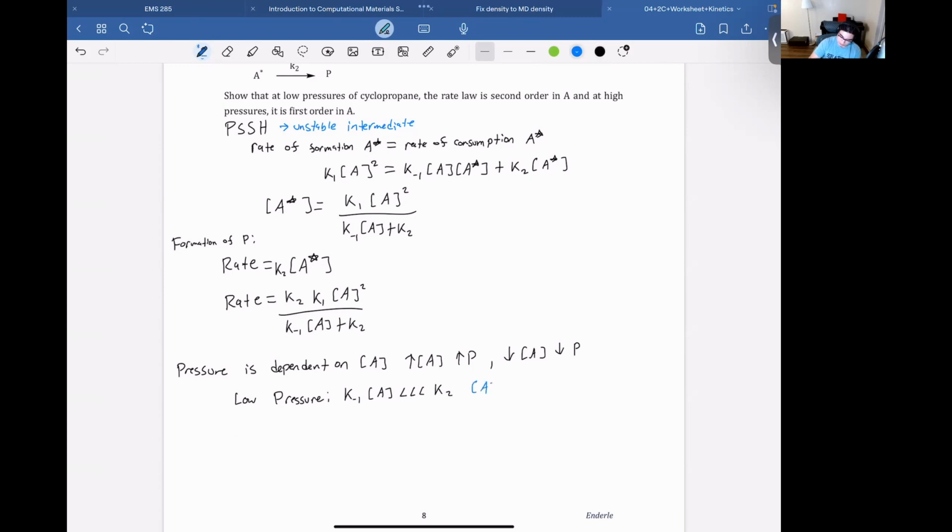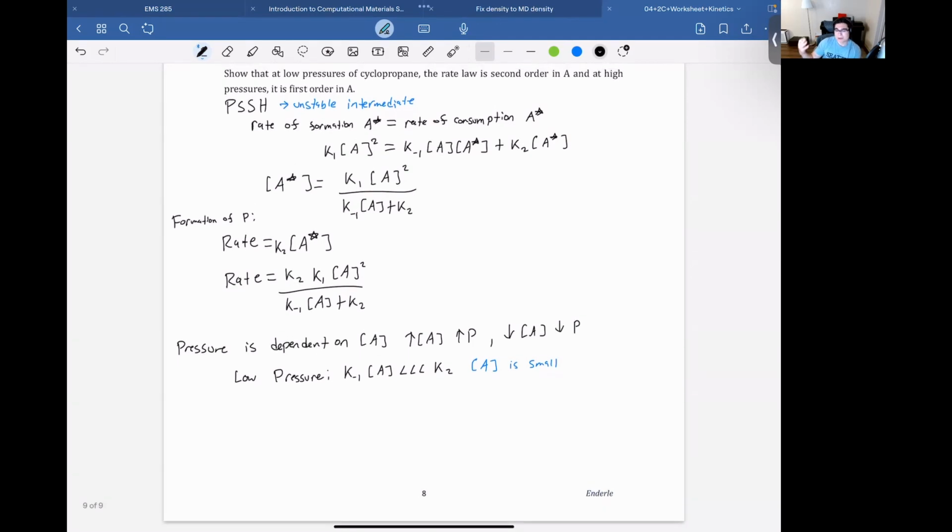This is because the concentration of A is small. We're talking in extremes here, because we don't know what K2 or K minus 1 is. But assume really low pressures. We know A is going to be small at low pressures because there are fewer moles of gas.